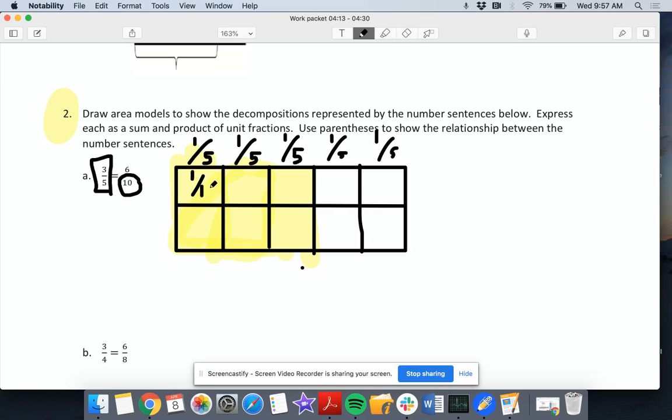And my unit fraction then would be 1/10. Now, did we just prove that 3/5 is equal to 6/10? Yes, we did. Why? Because now we have 6 boxes that are shaded. 1, 2, 3, 4, 5, 6.